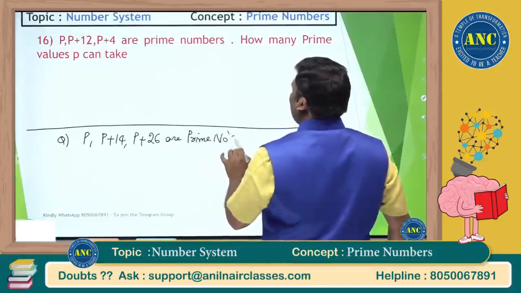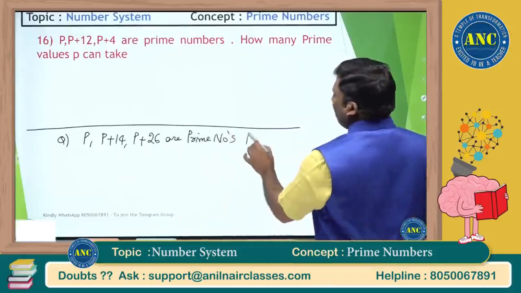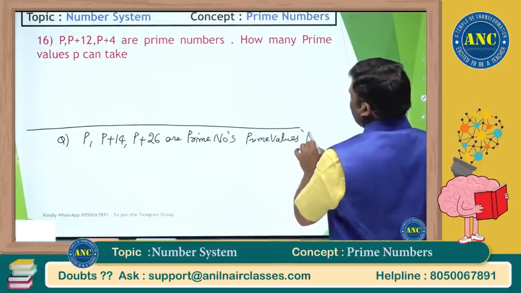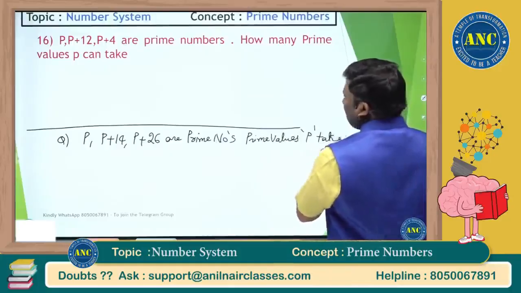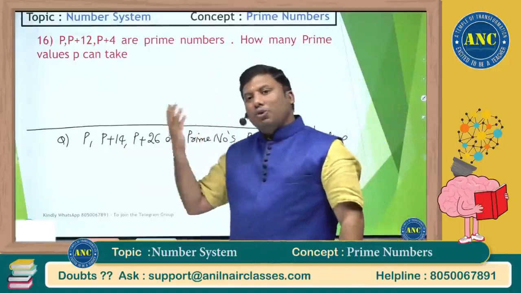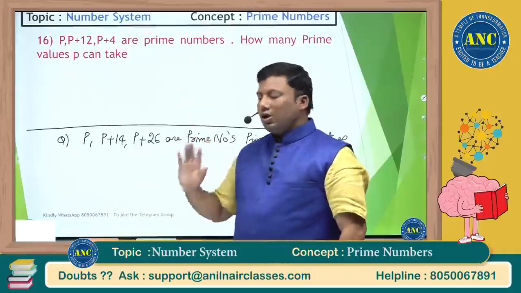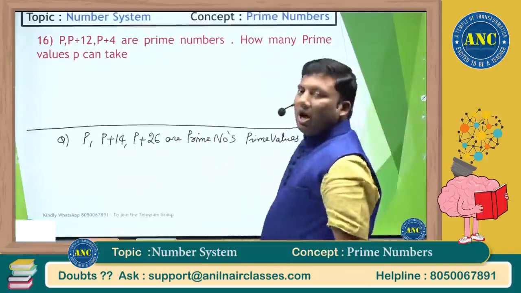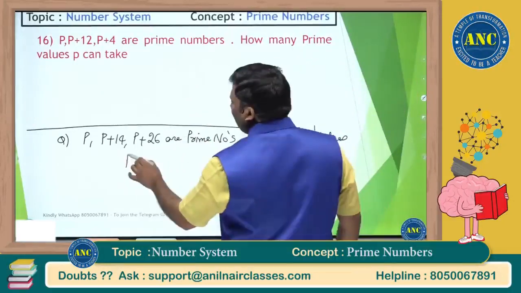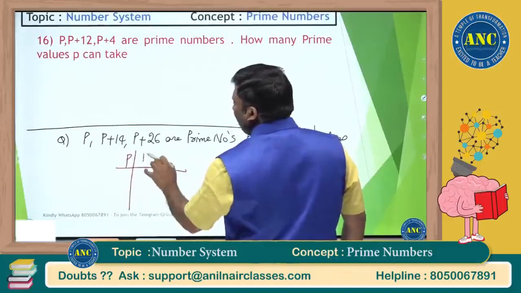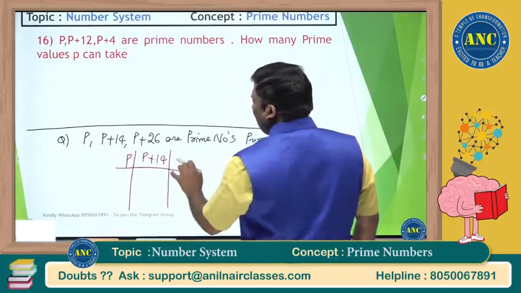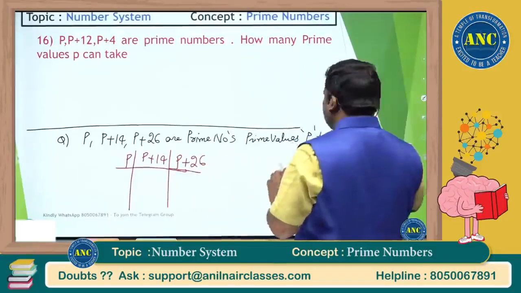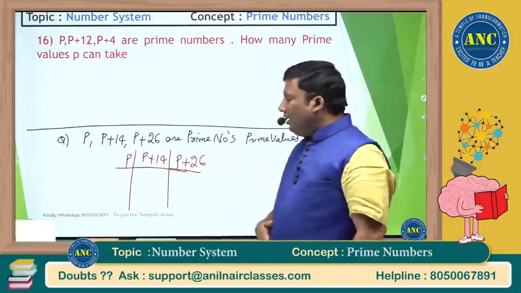How many prime values can P take? This question and the above question are both a similar model, and both the questions we will solve. P, P plus 14, P plus 26 are prime numbers. How many prime values can P take?